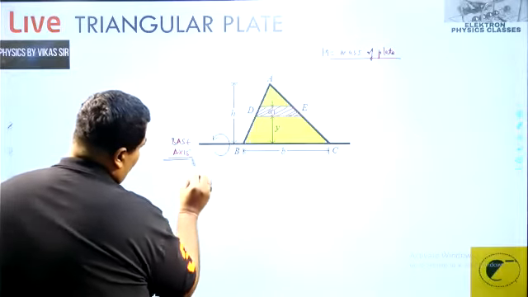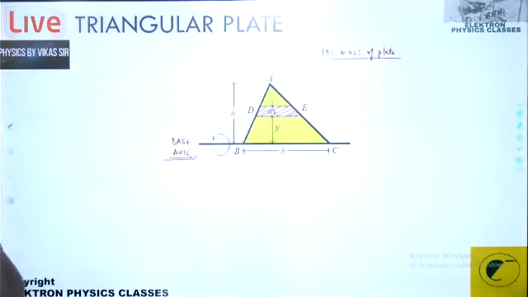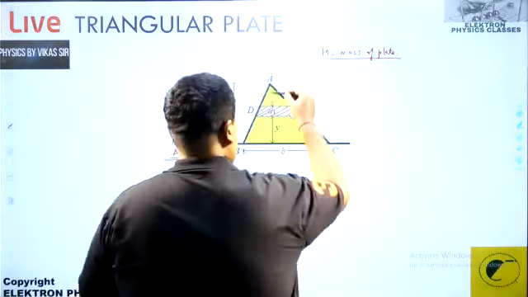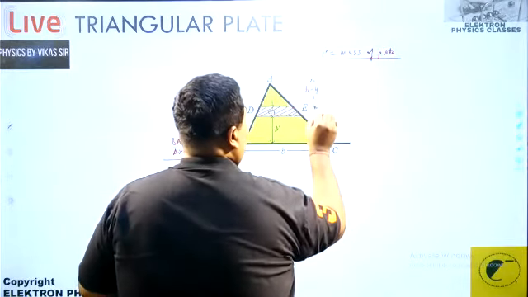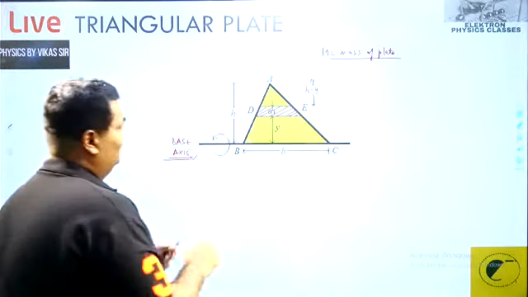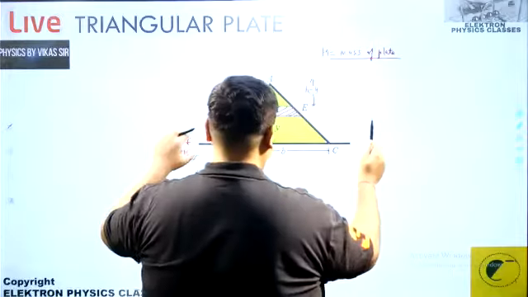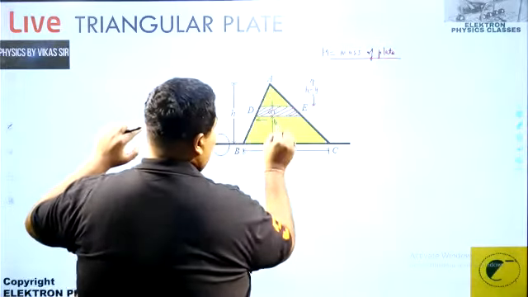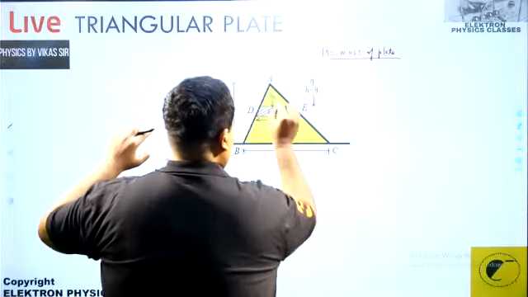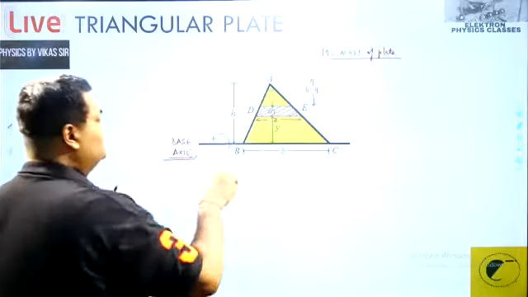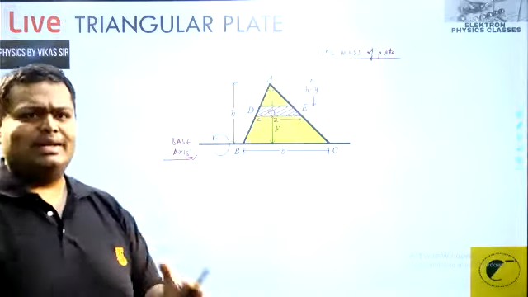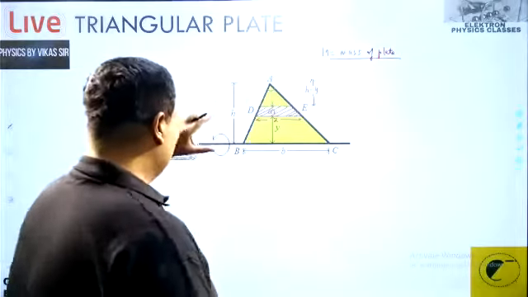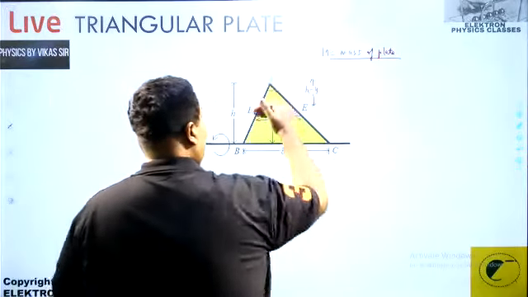So how do I evaluate the moment of inertia for this? That will not be difficult. See, this distance will come out to be h minus y. And if the base is b, I assume this distance as x. Then use the similarity of the two triangles, ADE and ABC, and using that, I can write the ratio of the sides.